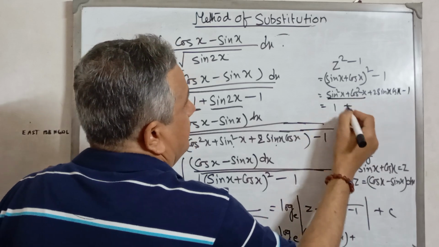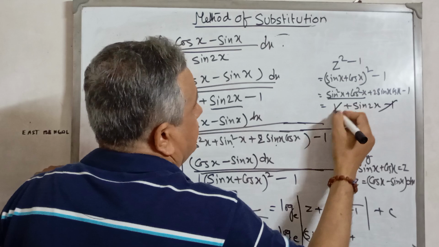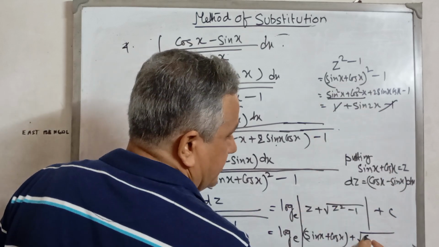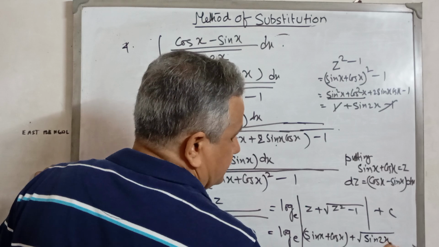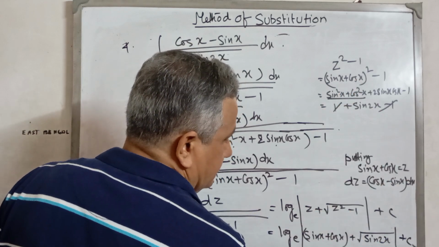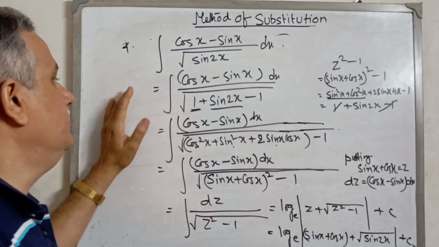This is 1, and 2 sin x cos x is sin 2x, minus 1. Cancel it, only sin 2x. So z square minus 1 becomes sin 2x, plus c. This is our answer. Good, it is a good problem.